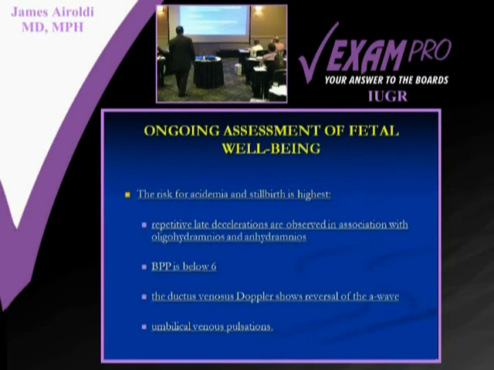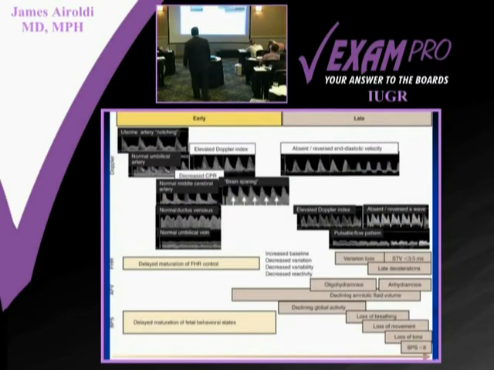Very ominous. The risk for acidemia and stillbirth is highest with the following: repetitive late decelerations observed in association with oligohydramnios or anhydramnios, BPP of less than 6, ductus venosus reversal of the A wave, or umbilical vein pulsations.